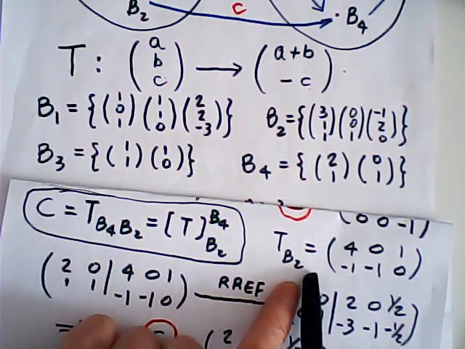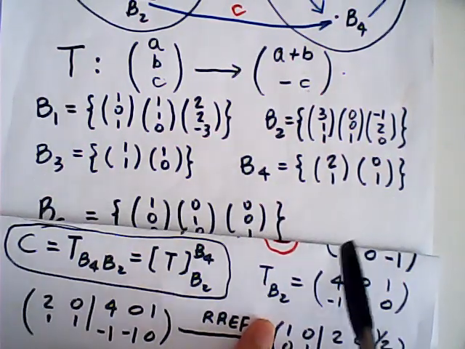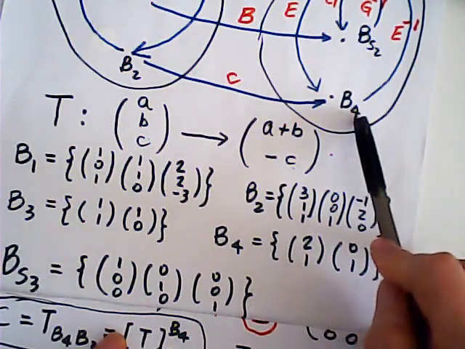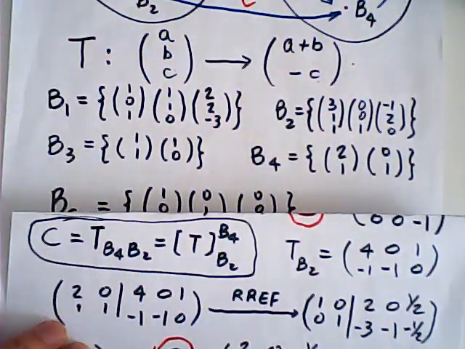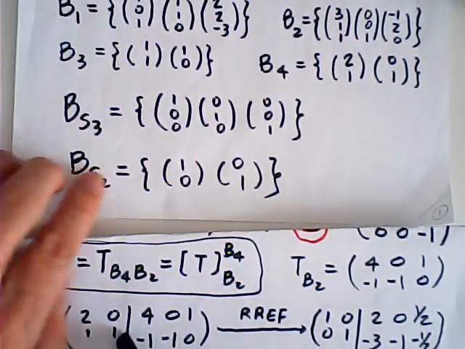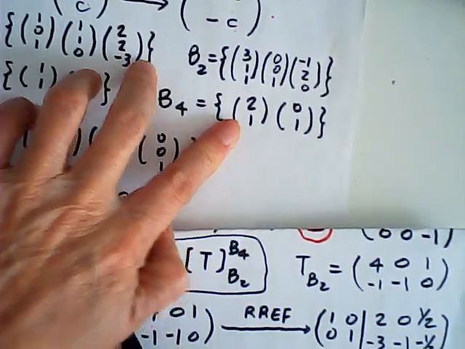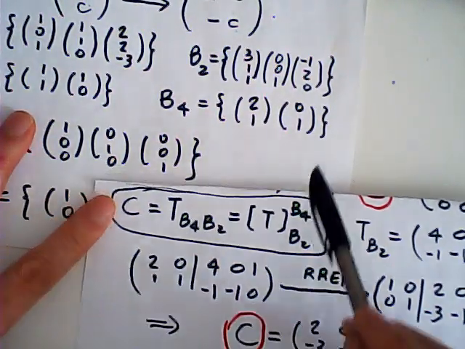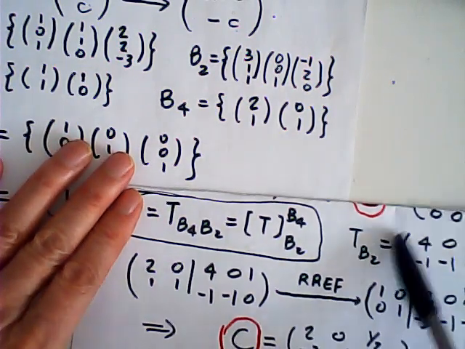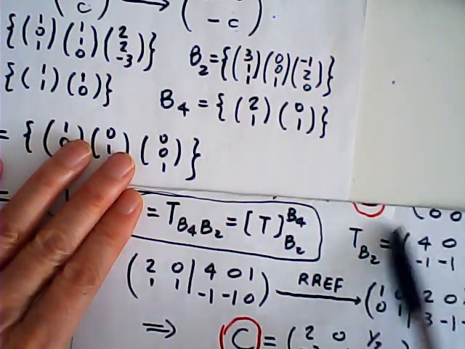But it's not enough because we have to transform into basis 4. So you write basis 4 here. This is basis 4, right? So basis 4, 2, 1, 1, 0, 1. And this is the matrix, we just get it here.